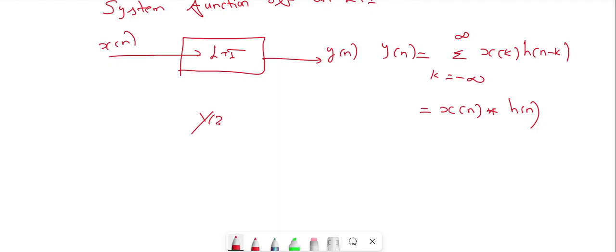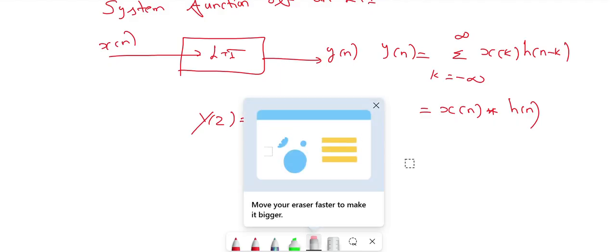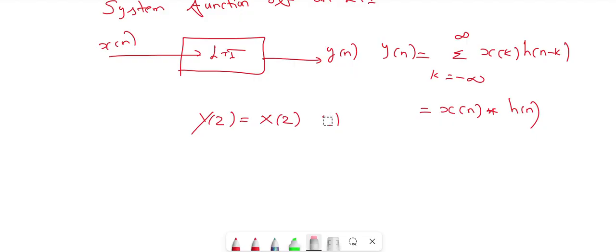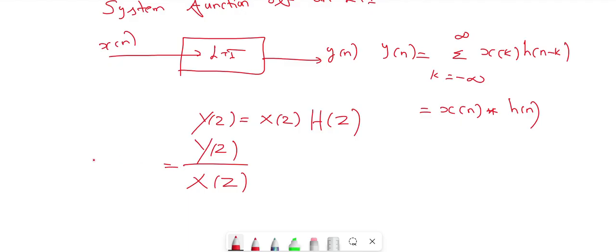Taking the Z transform of this function, you will get x of z into h of z. So y of z by x of z is equal to h of z. So h of z is the system function.